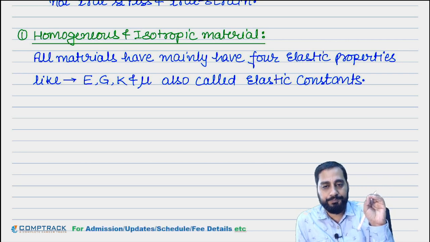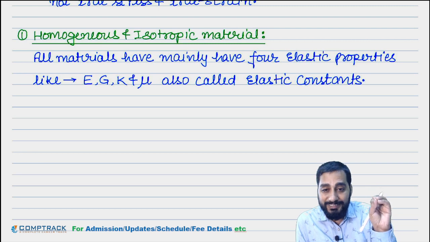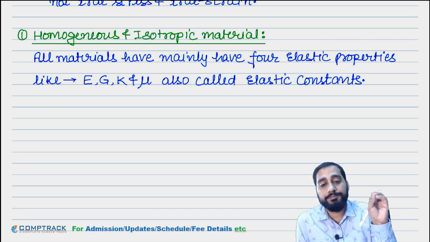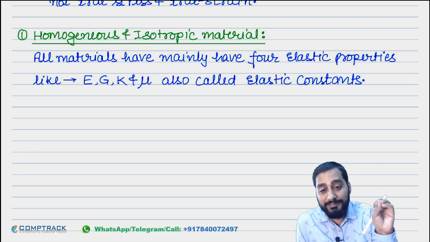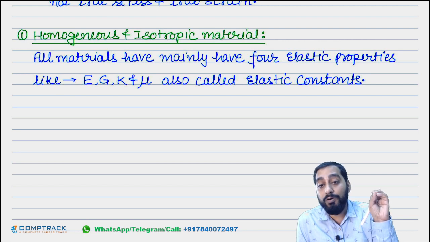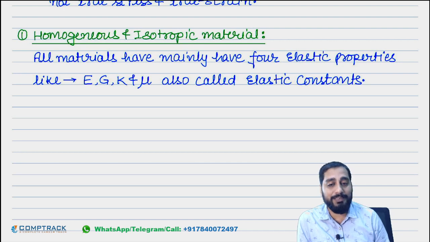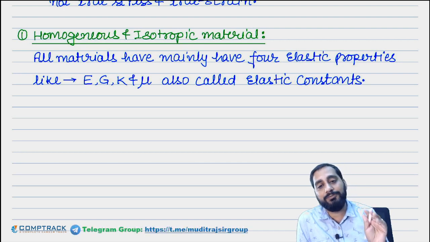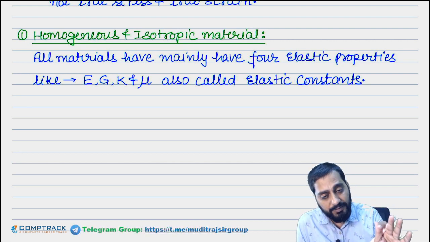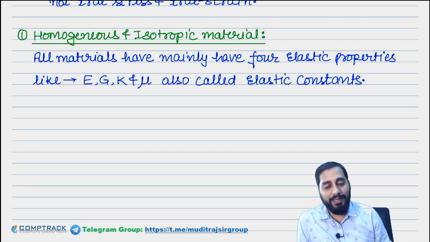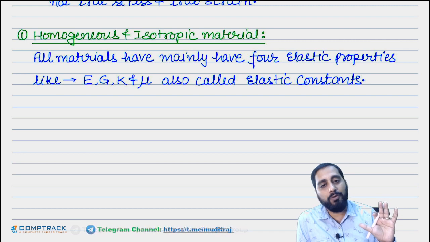G is modulus of rigidity. K is bulk modulus. Mu is Poisson's ratio. Mu is not coefficient of friction. So these are the main elastic properties we have to study in the strength of material. Other properties are also there, but mainly these four constants we have to deal with.